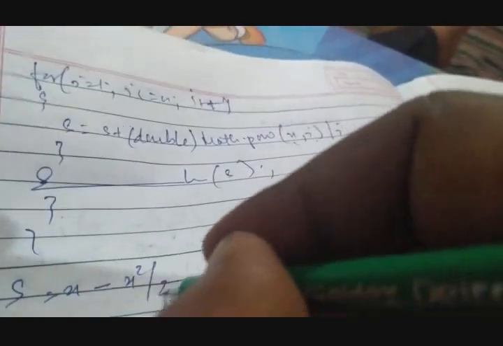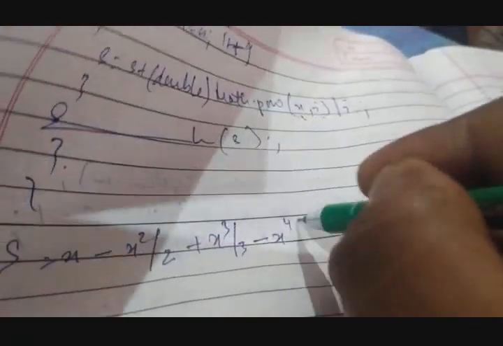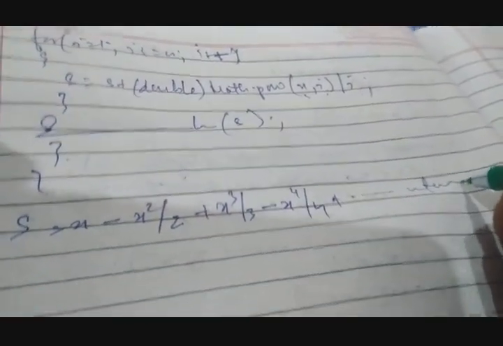Again, if the s is like this, s equals x minus x to the power 2 upon 2 plus x to the power 3 upon 3 minus x to the power 4 upon 4 plus dot dot dot n terms.